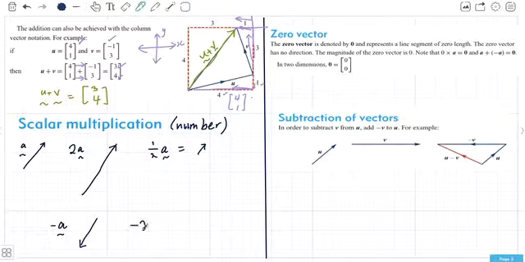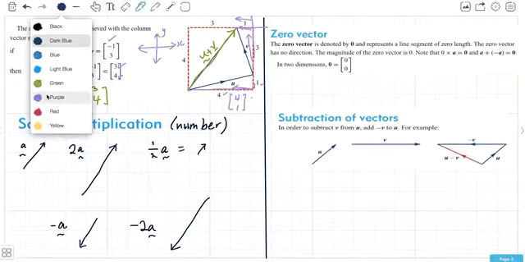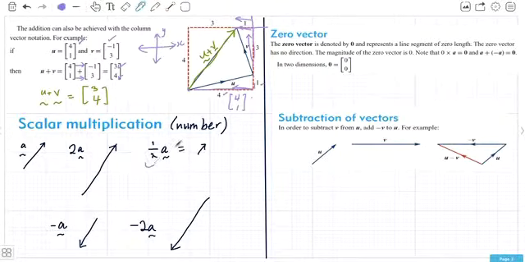And again, you could have things like -2A as well. That would be a vector that's twice as long and also going in the opposite direction. So that's what happens when you have scalar multiplication. Fractions are going to make your vector smaller, and whole numbers bigger than 1 are going to make your vector bigger. We've also got to finish off 2 other things you need to know about for vectors.